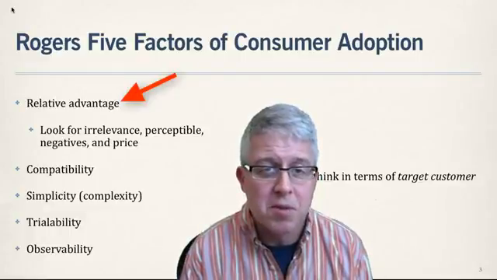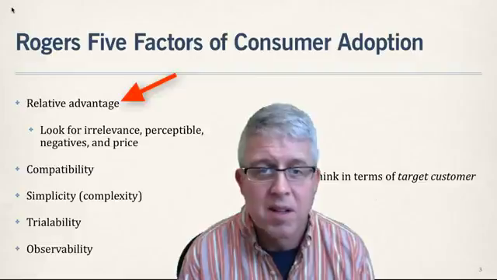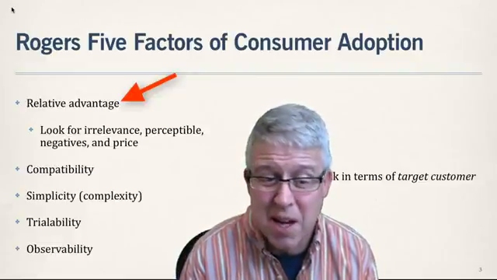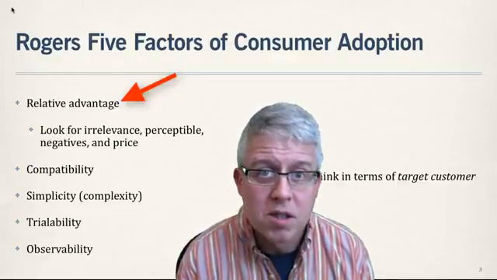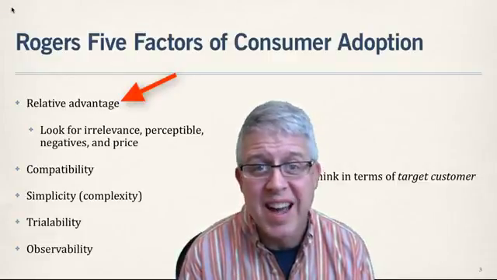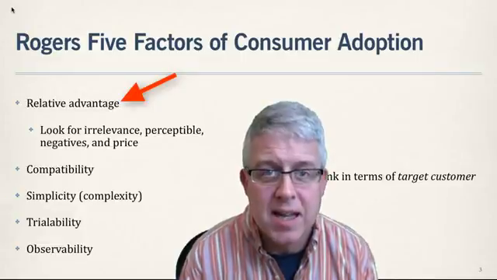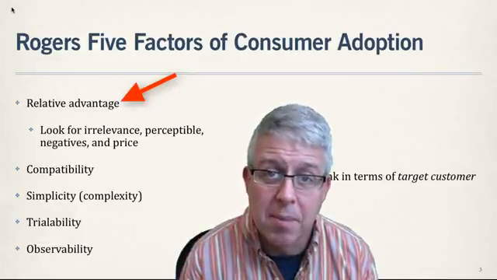Maybe the differences between their product and the other products are not perceptible. Maybe it just doesn't matter. Maybe it's different but worse. Maybe consumers actually like it the other way. So just because it's different and just because the company says it's better doesn't mean it's better. You need to think about it.